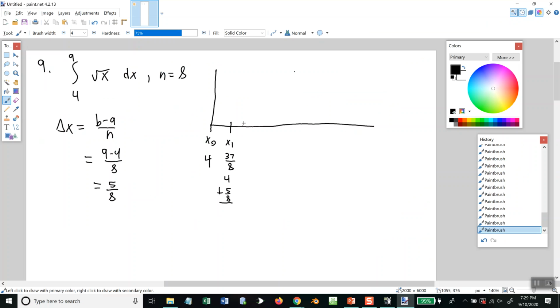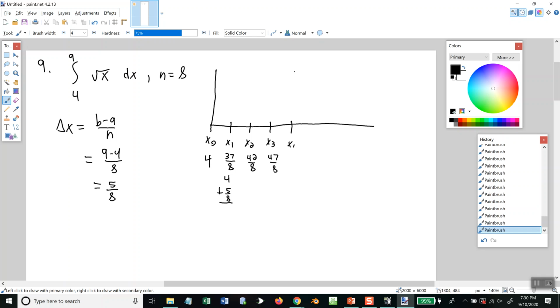Okay. Now that I got that first one, the rest won't be too bad because I'm just adding 5/8 over and over. So 37 plus 5 is 42/8. I could simplify that, but since I'm going to plug it in the calculator anyway, then not much use. My next one, x3, I'm going to add 5/8, which gives me 47/8.